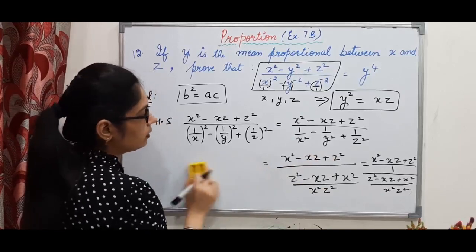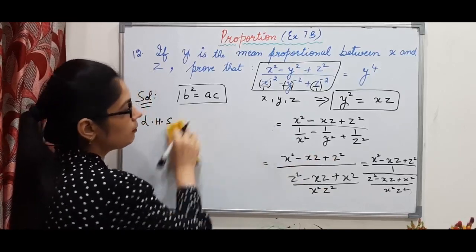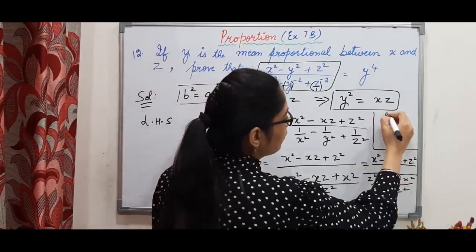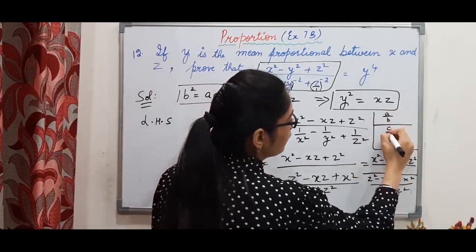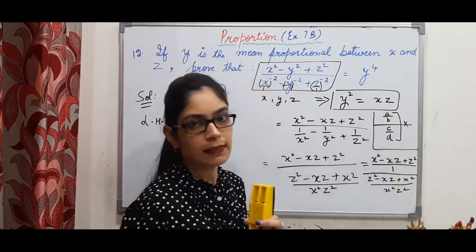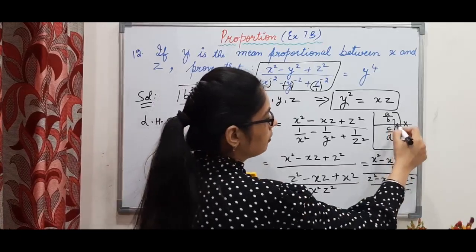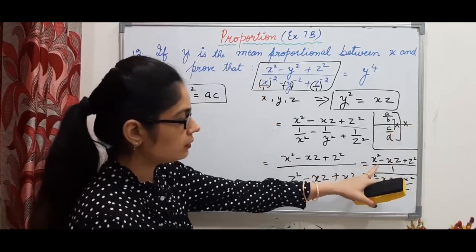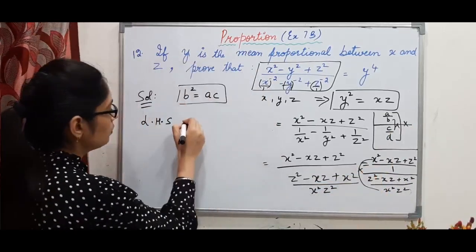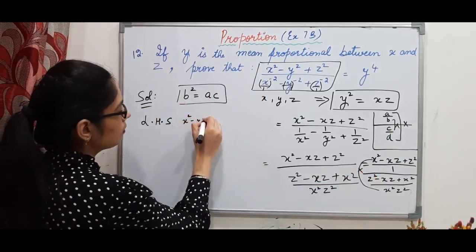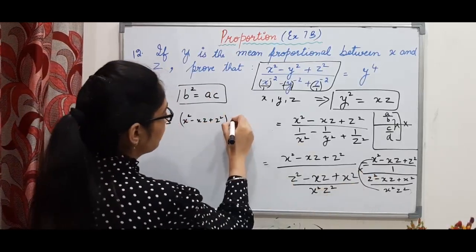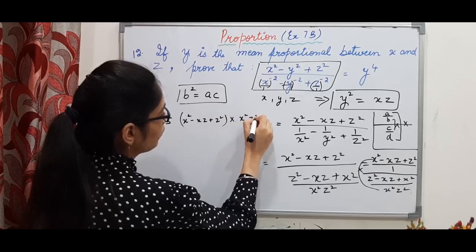When two fractions are getting divided, we will follow this rule. a by b is the first fraction and c by d is the second fraction. The outer ones will multiply and the inner ones we will multiply. So the outer ones are this one and this one: x square minus xz plus z square, multiplied by x square z square.